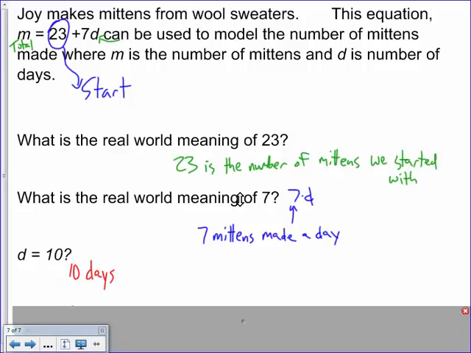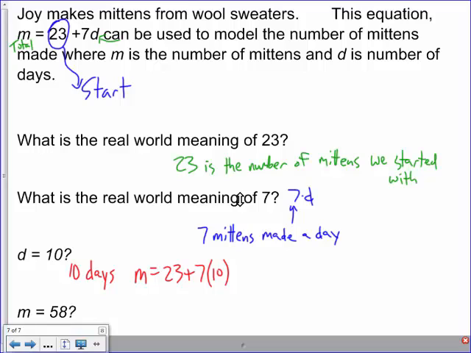And could I calculate how many mittens were made in 10 days? Sure, I could use my equation. M equals 23 plus 7 times the number of days, which is 10, and I would solve from there. What about when m equals 58? What does that mean? Well, m is the number of mittens, our total mittens. So 58 represents the number of mittens.